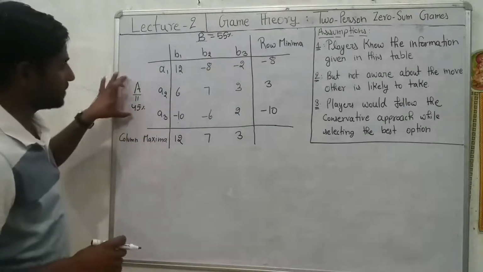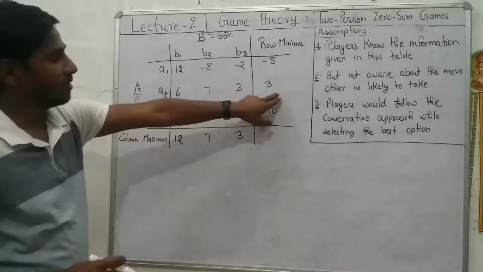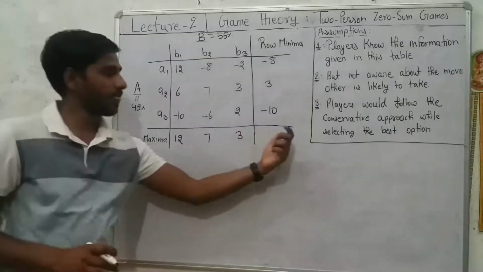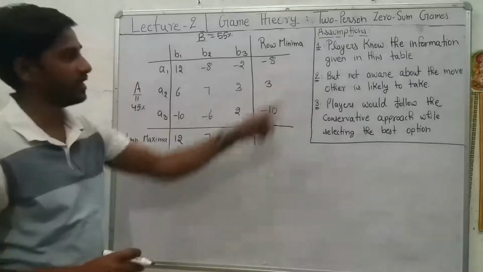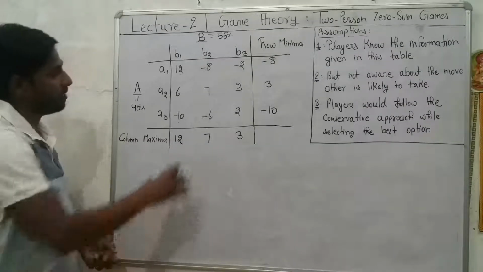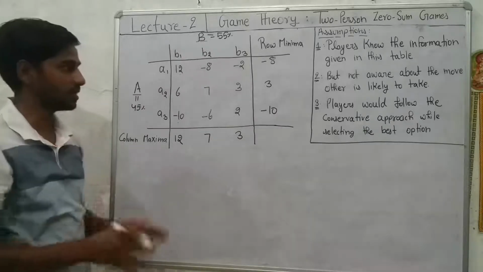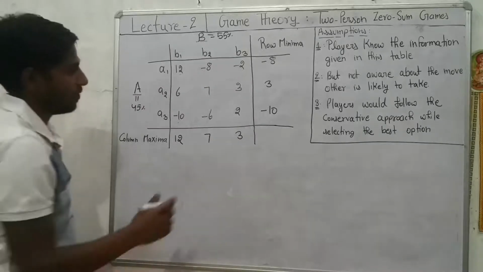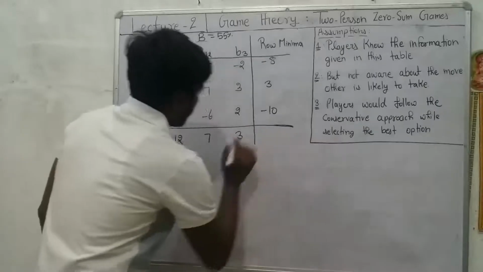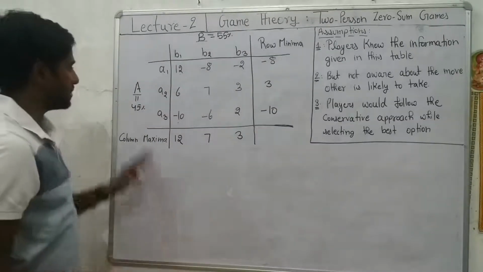Remember that A is trying to avoid the worst scenario, and similarly B is trying to avoid the worst scenario, minimizing the risk in the particular case. After doing this, what would be the strategy of A?